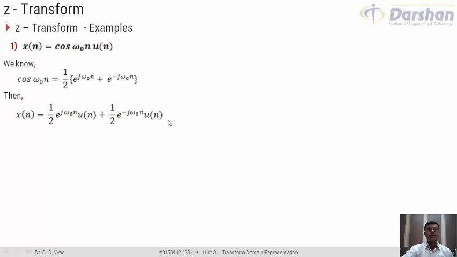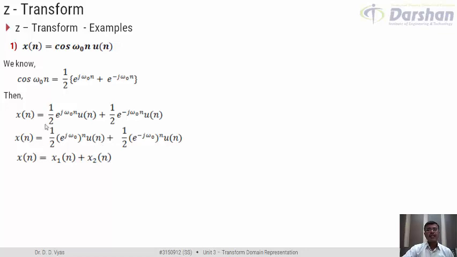Let me consider these two terms to be two individual signals, x1 of n and x2 of n, and I write this signal by taking e raised to power j omega 0 whole raised to power n, so as to make it in a similar form of a raised to power n, where a is e raised to power j omega 0.